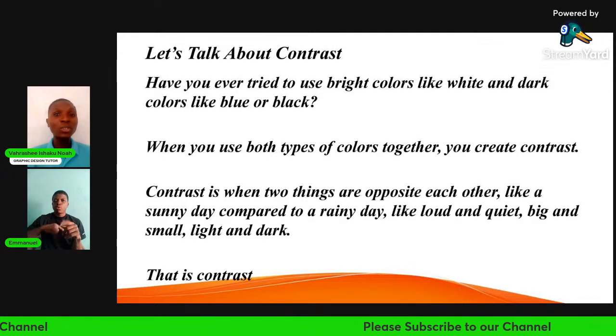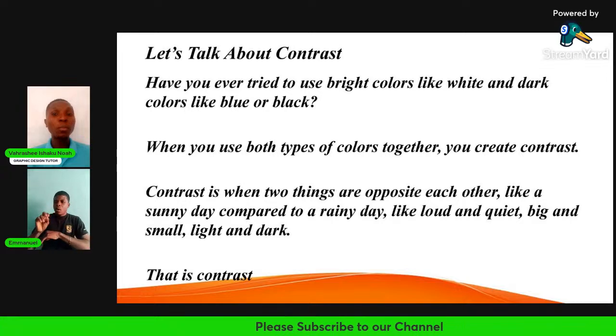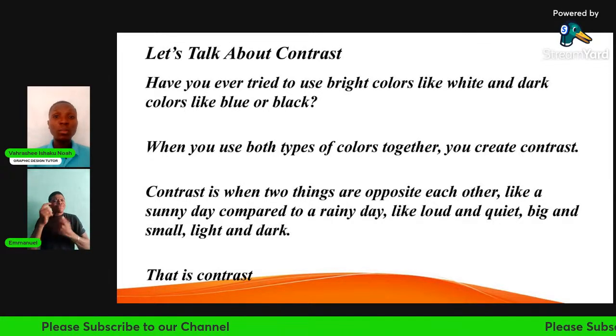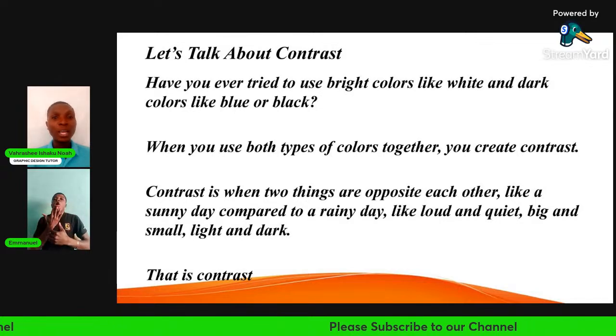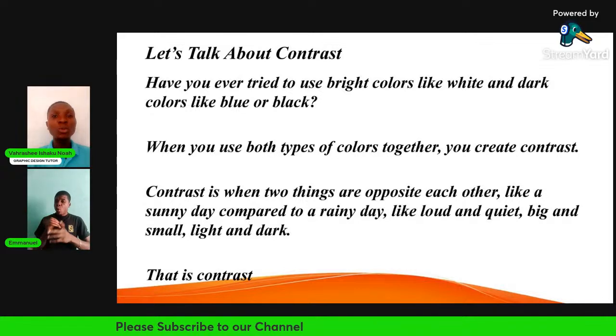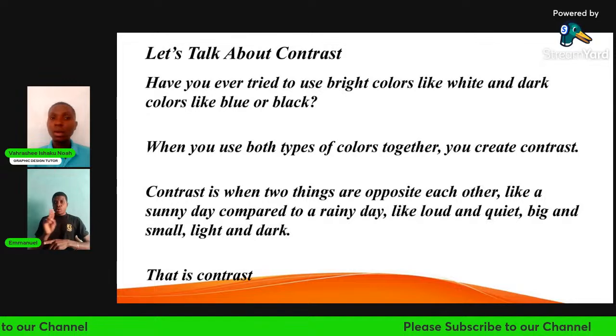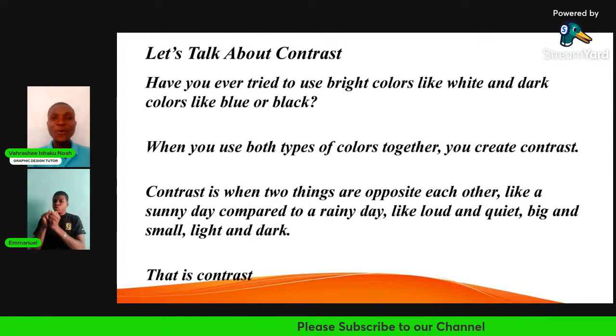Have you ever tried to use bright colors like white and dark colors like blue or black? You see, when you use both types of colors together, you create a contrast, right? So contrast is when two things are opposite each other.